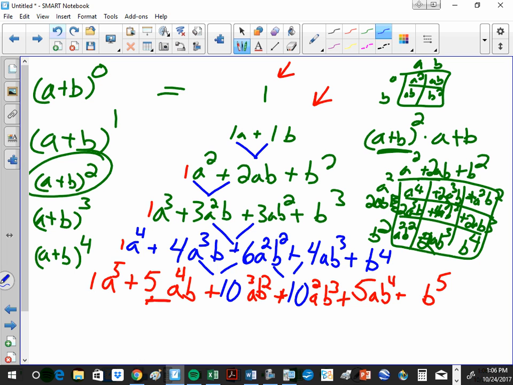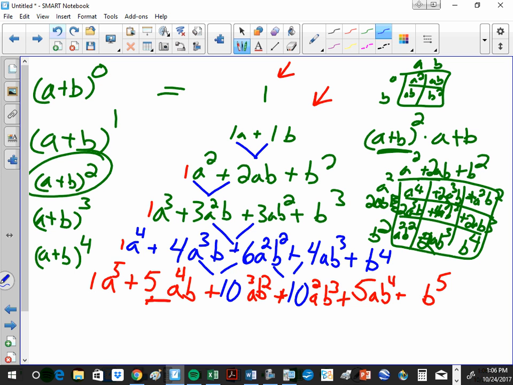So the exponents are pretty easy to figure out. And the numbers in front of the exponents are also pretty easy to figure out. You just go to Pascal's triangle, and there's one on the wall, and there's one in your book. And you just go to the appropriate row, and then you put those numbers in place, and then you put your variables and exponents in line.